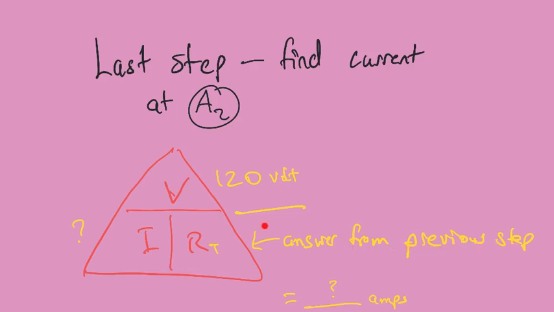So write that answer down here. And then when you divide the top number divided by the bottom number, that is going to be your current. And remember, we measure current in amps, or sometimes they call it amperes. And now we finally have the answer to B. All right, a lot of steps involved there, but we have that final answer now.